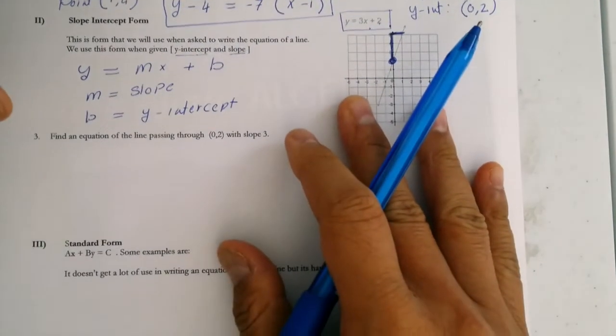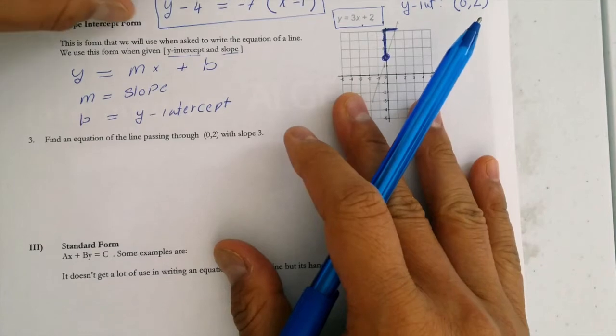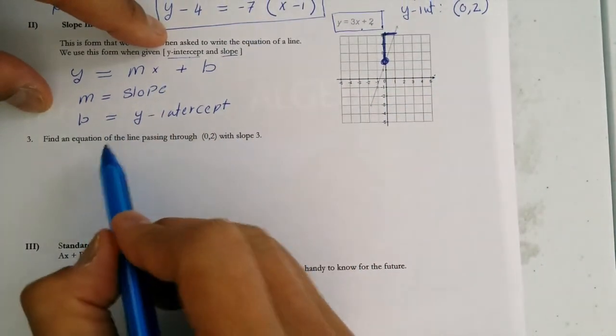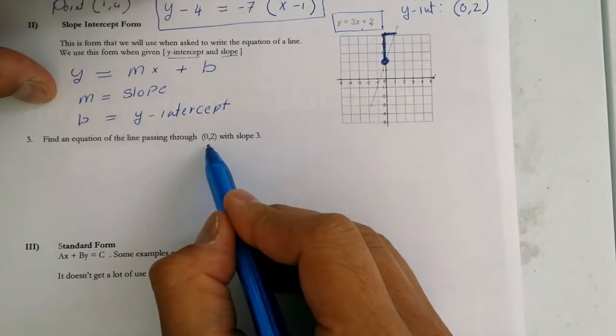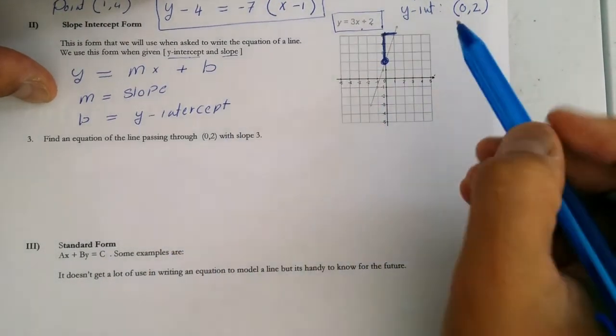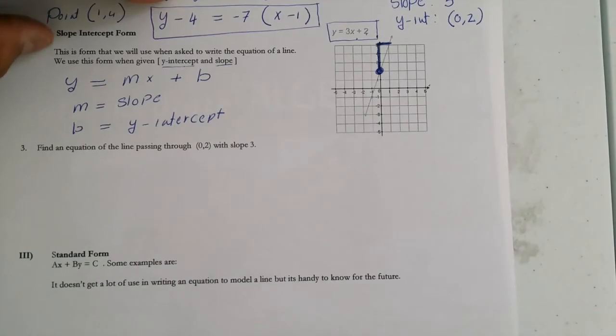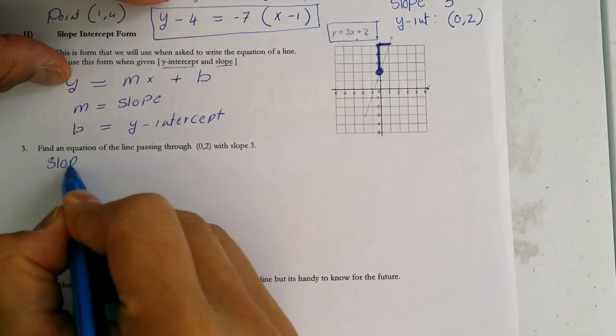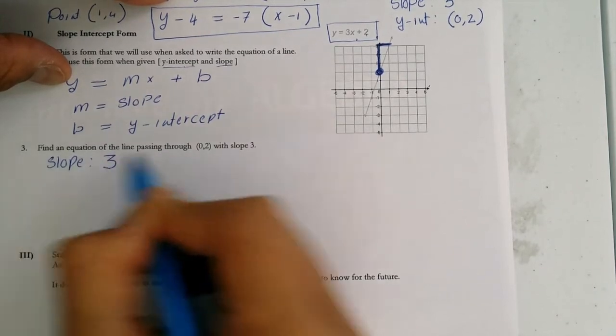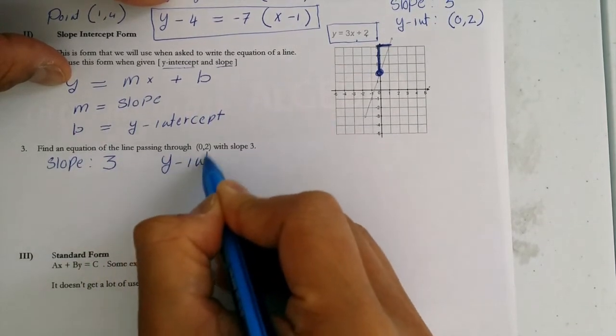Alright, so here's your first challenge regarding the slope-intercept form. Find an equation of the line passing through (0, 2) with the slope of 3, which is kind of like the same as this equation, right? So looking at this problem, I know what my slope is, and I also know what the y-intercept is.